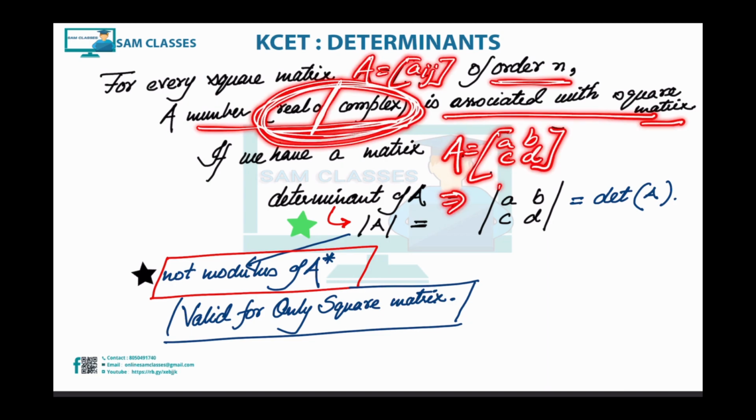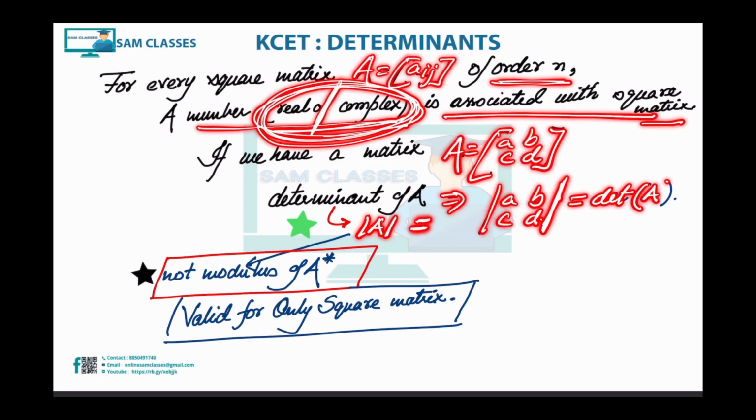The determinant of A is denoted by two straight lines around a, b, c, d, and we write determinant of A. A lot of students start pronouncing it as modulus of A. That is wrong, students. It's also denoted as det of A.